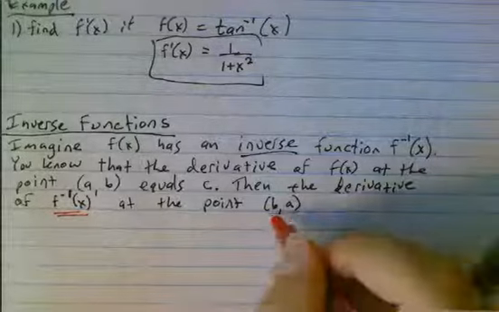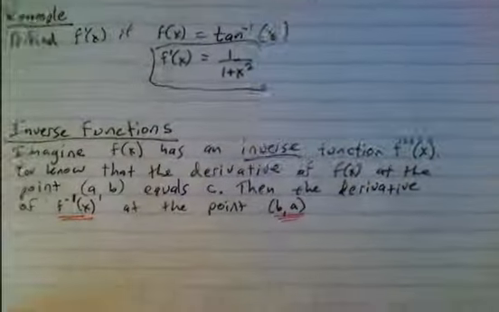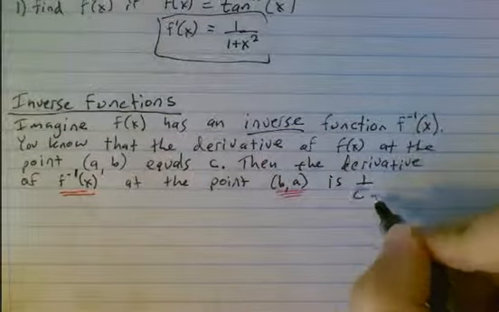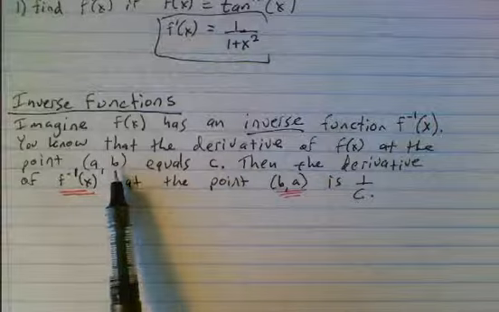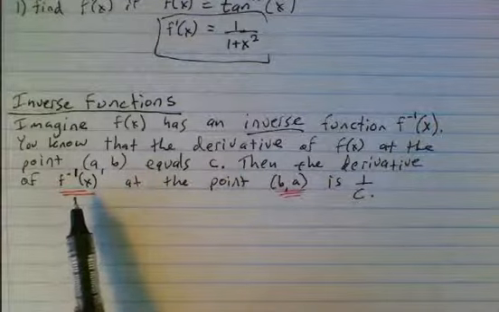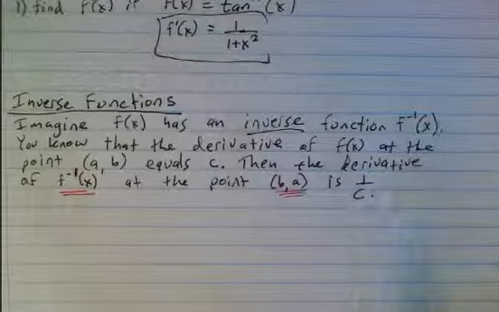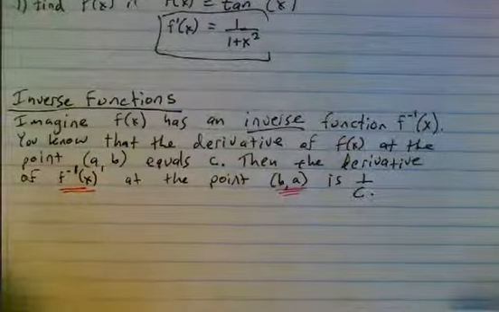Notice this is reversed. So this was a comma b, this is b comma a, is 1 over c. So whatever the derivative is of f of x at a comma b, the derivative of the inverse of f of x at b comma a is the reciprocal of that. Let's look at why this is true.